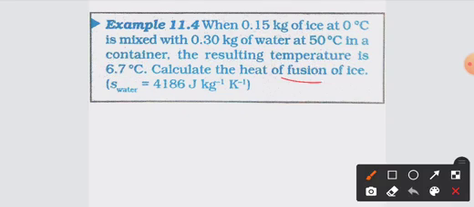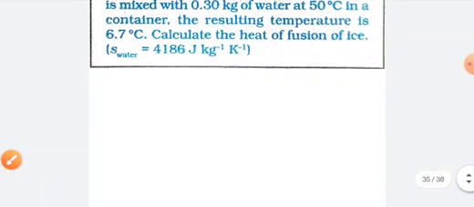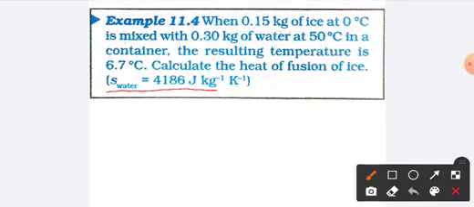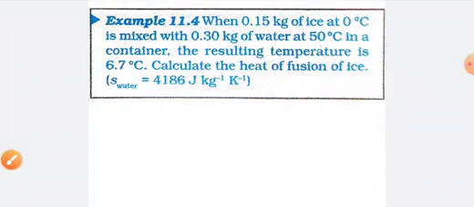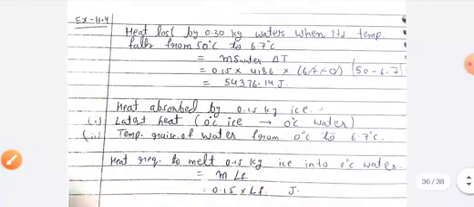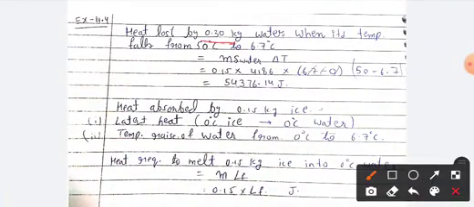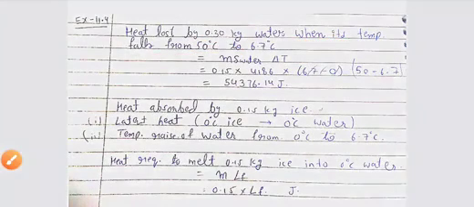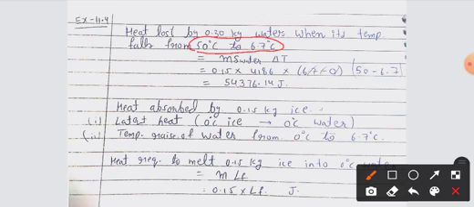Calculate the heat of fusion of ice. We have to calculate the latent heat of fusion of ice. We are given that specific heat of water is 4186 joule per kg per Kelvin. So first of all, heat lost by 0.3 kg of water when its temperature falls from 50 degrees Celsius to 6.7 degrees Celsius. This much amount of heat will be given to the ice now.